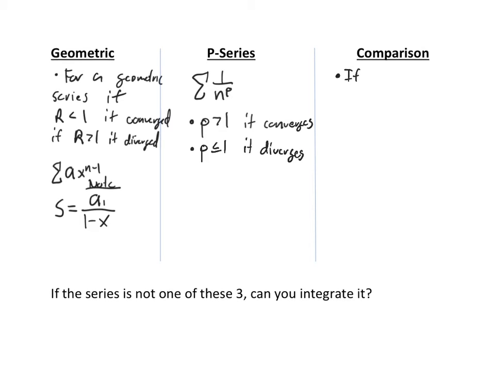if we know two series are positive, and one of them is always less than or equal to the other one, then if the larger series converges, then we know the smaller series must also converge.